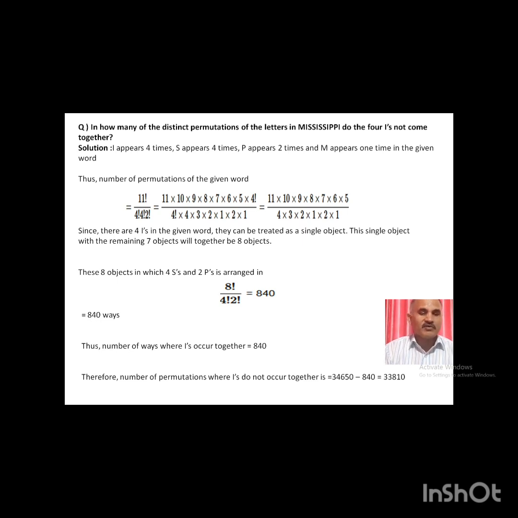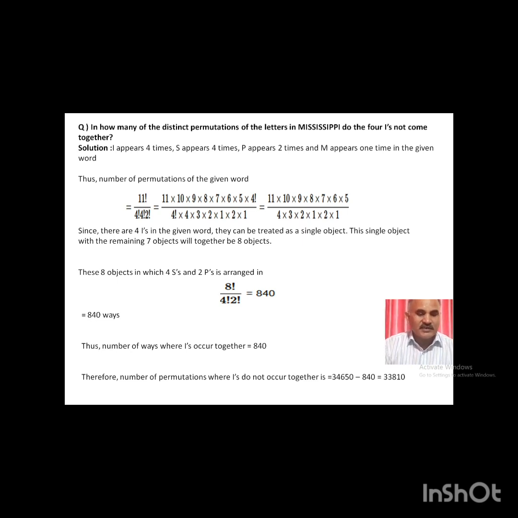So the number of permutations of the word Mississippi is 11 factorial upon the product of the factorials of the repeated letters, that is 4 factorial multiply 4 factorial multiply 2 factorial, which is equal to 11 multiply 10 multiply 9 multiply 8 multiply 7 multiply 6 divided by 4 multiply 3 multiply 2 multiply 2.